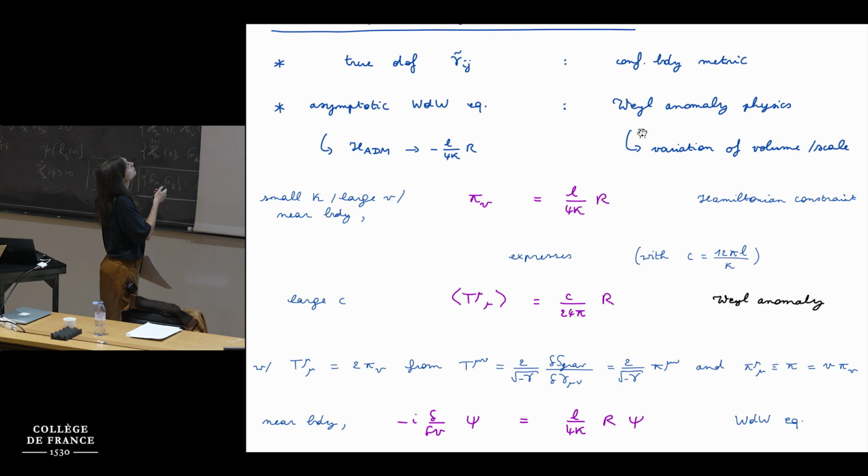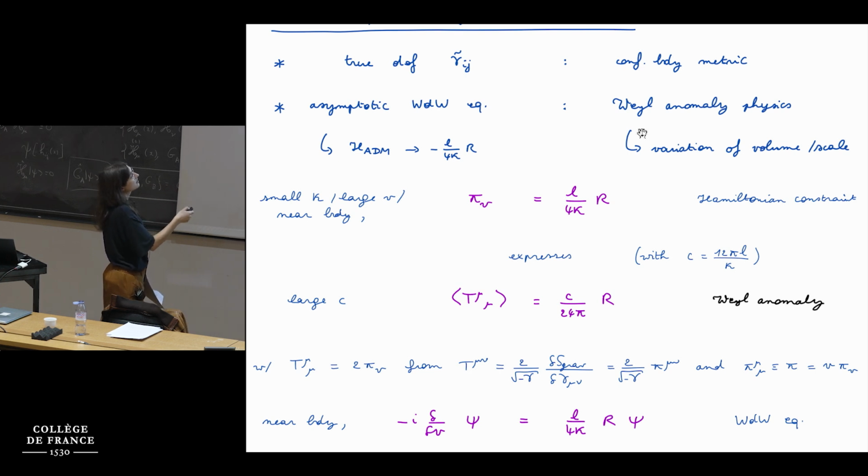So, point is, asymptotically, your ADM Hamiltonian density becomes just proportional to the curvature of your slices. And this is sitting on the right-hand side of your Hamiltonian constraint. So your Hamiltonian constraint asymptotically just takes this form, asymptotically meaning in the near-boundary or large volume limit.